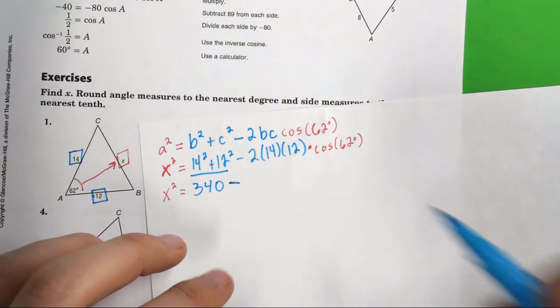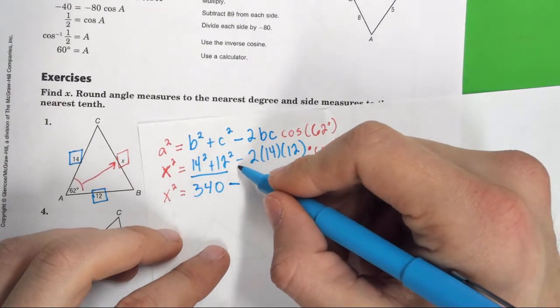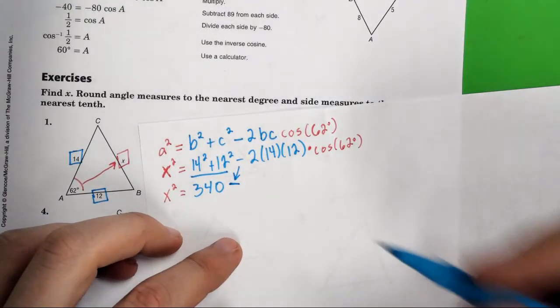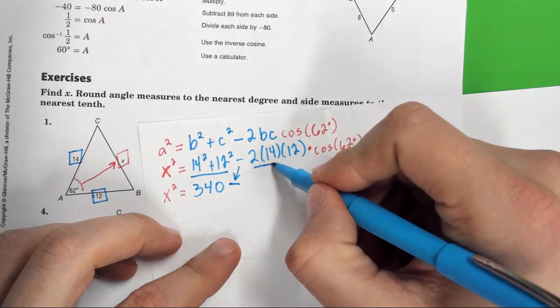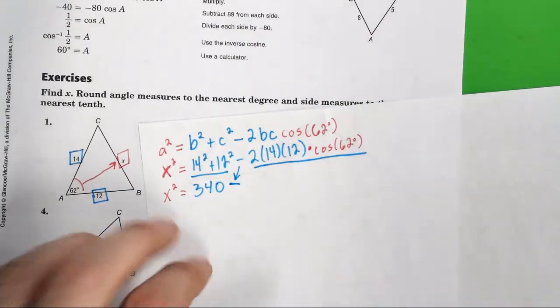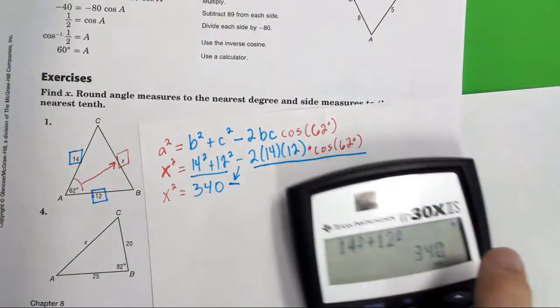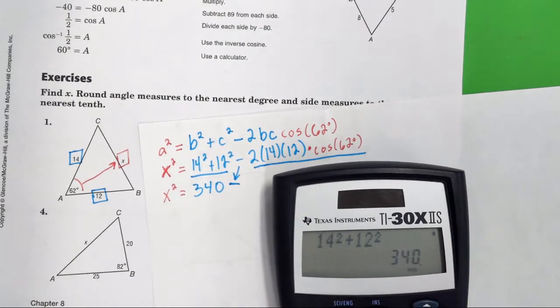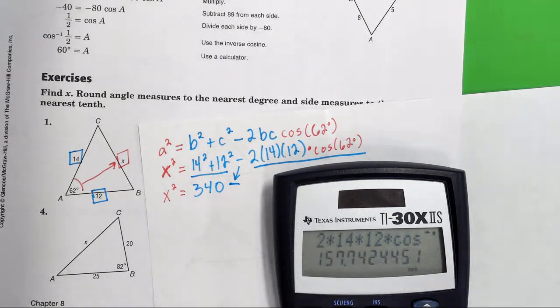And I'm going to multiply all of that in my calculator. So I've got 2 times 14 times 12 times cosine of 62, and I get 157.74, etc. Just go 2 decimal places, 157.74.